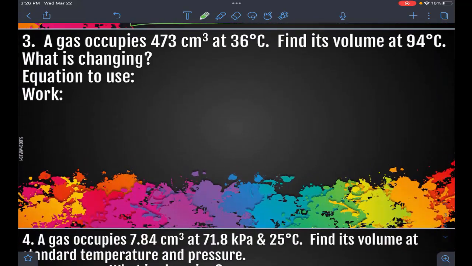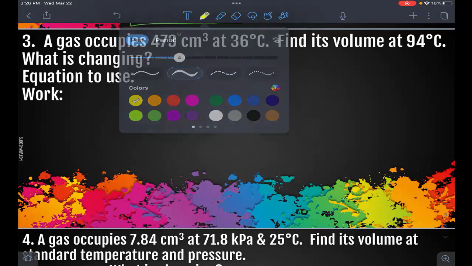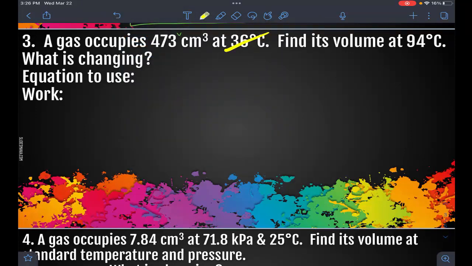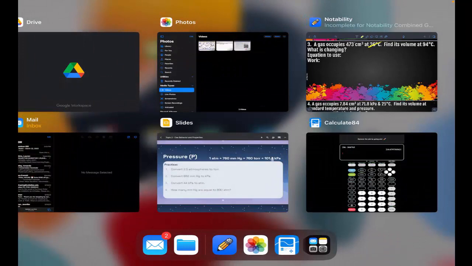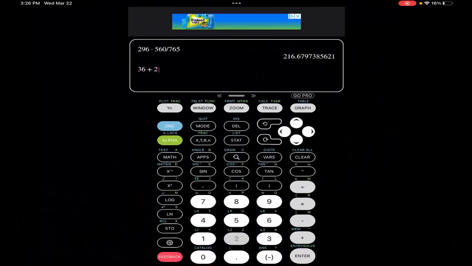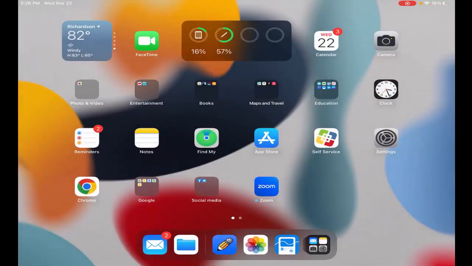Next up, number 3. A gas occupies 473 cubic centimeters, that's a volume, at 36 Celsius. Celsius. Let's get rid of that. 36 Celsius, let's add 273 to convert it to Kelvin. 309.